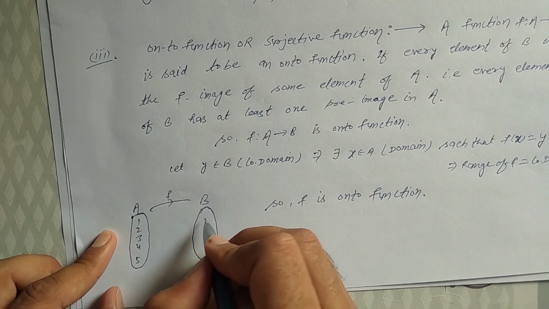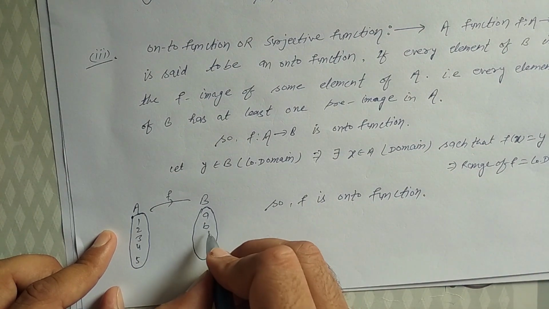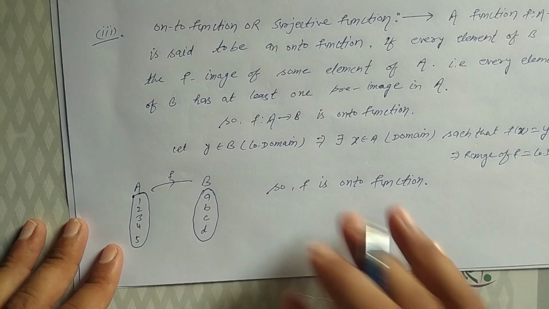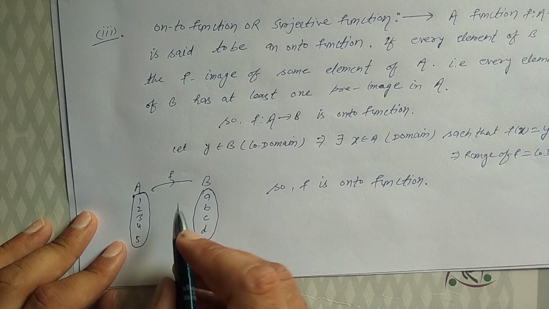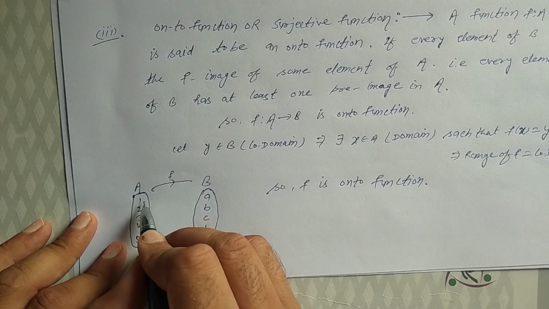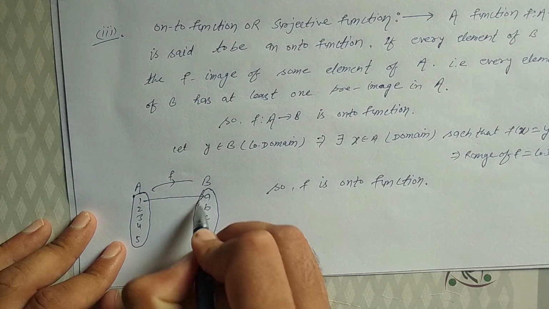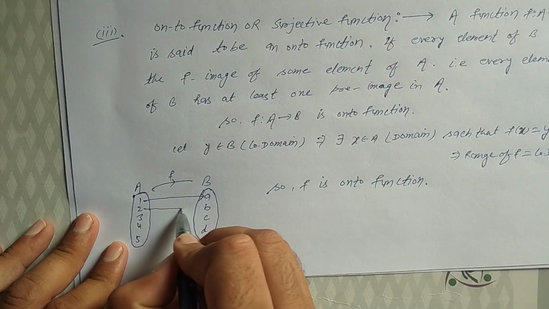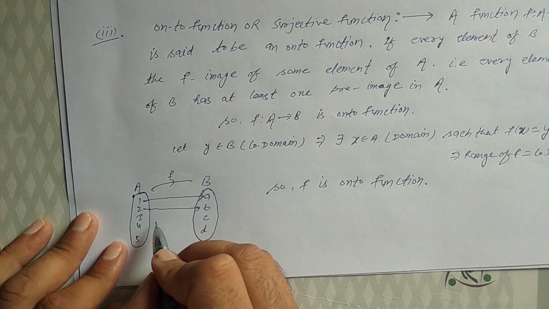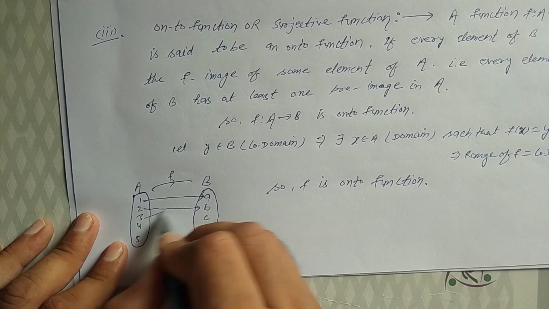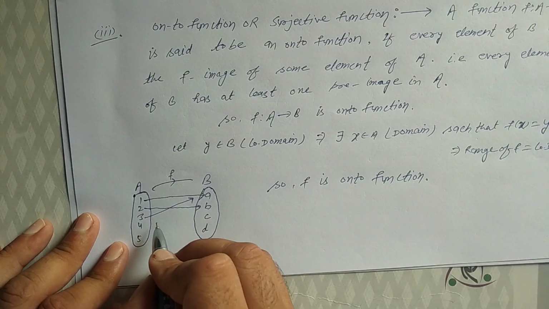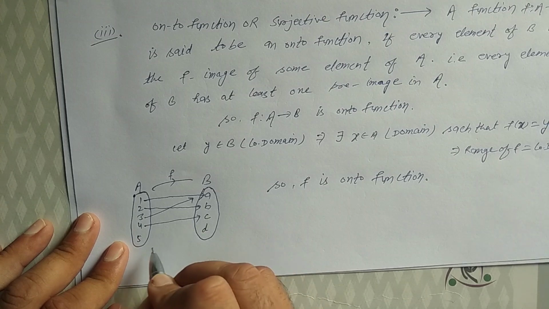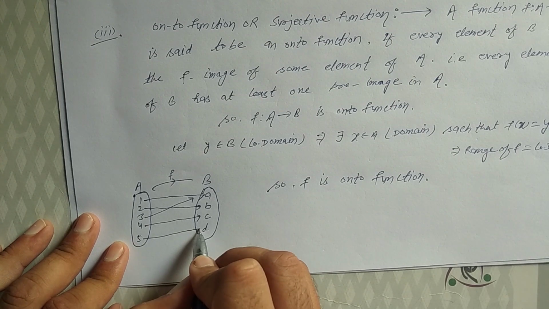Elements of set B are A, B, C, D. Image of element 1 is A. Image of element 2 is B. Image of element 3 is A. Image of element 4 is C. Image of element 5 is D.